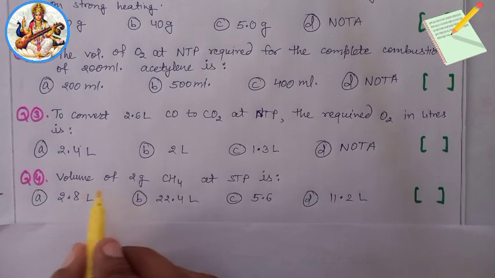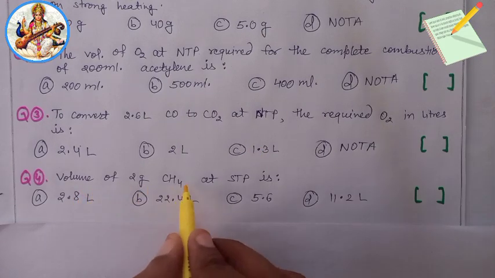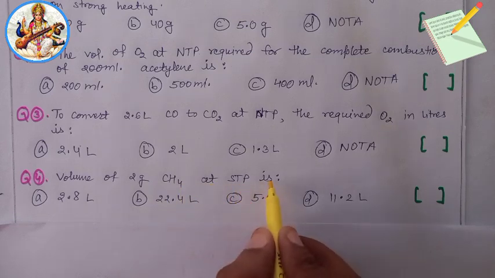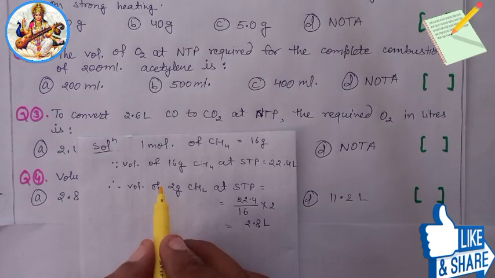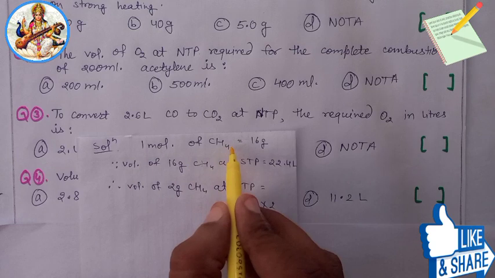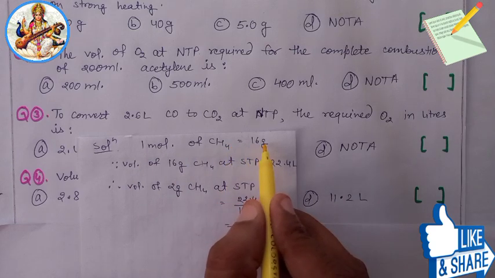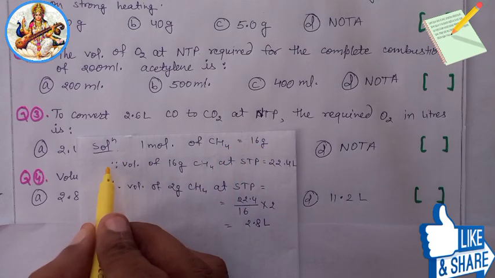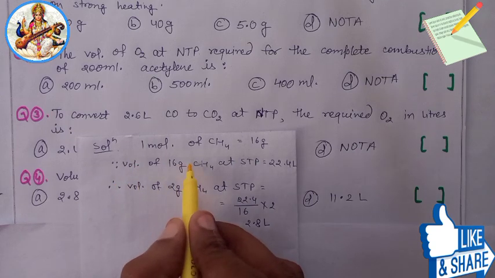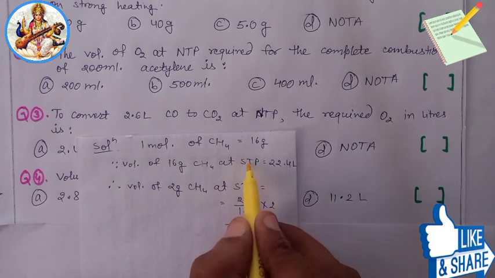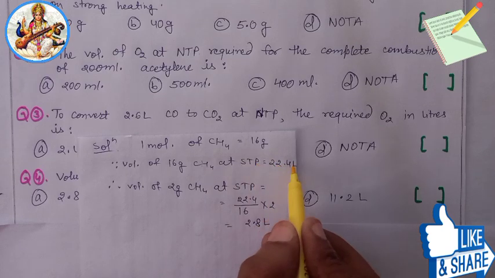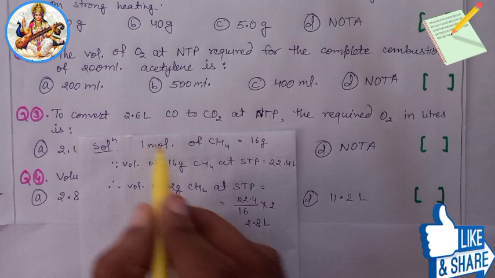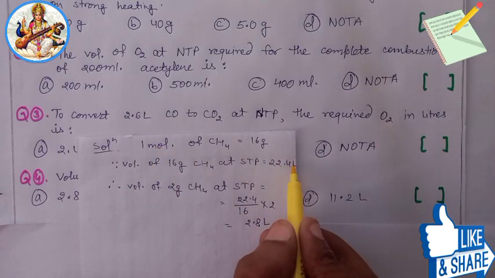And the last question: the volume of 2 gram of methane at STP, a very important question. Options A, B, C and D. The answer: 1 mole of methane means 16 gram. The volume of 16 gram of methane at standard temperature and pressure is equal to 22.4 liter, since 1 mole means 22.4 liter.